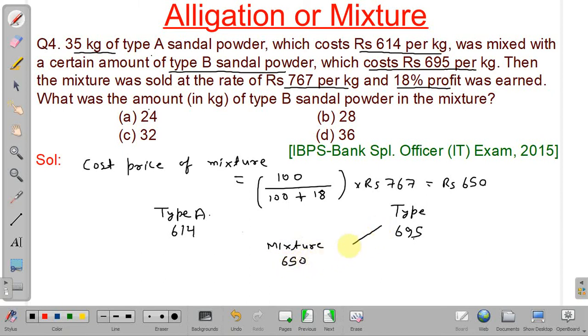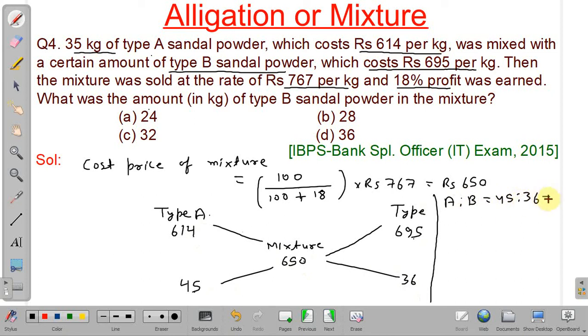So type A ratio type B will be the differences: 695 minus 650 equals 45, and 650 minus 614 equals 36. Now we can find A ratio B. A ratio B is equal to 45 ratio 36, and which is equal to, dividing by 9, 5 ratio 4. So A and B are in the 5 to 4 ratio.